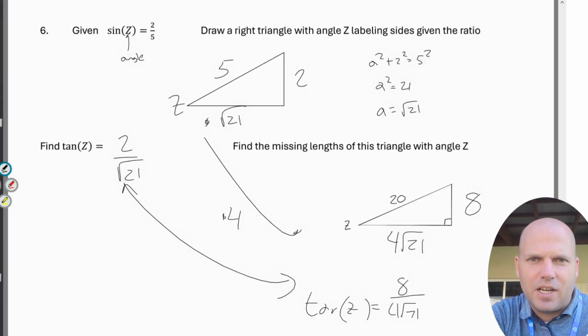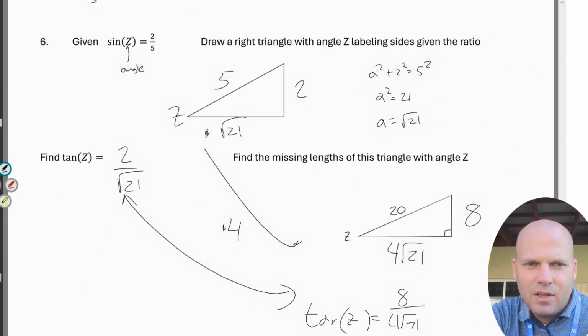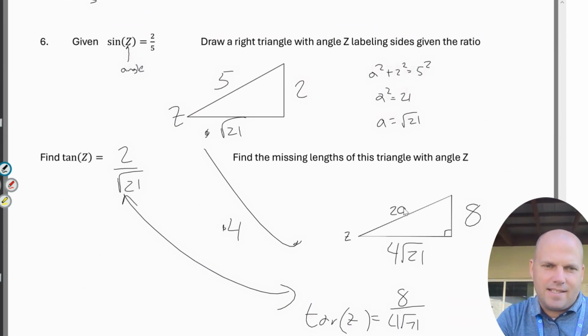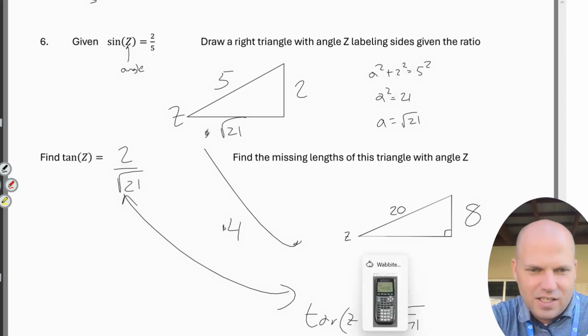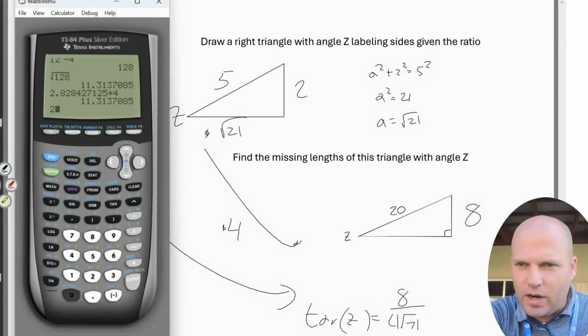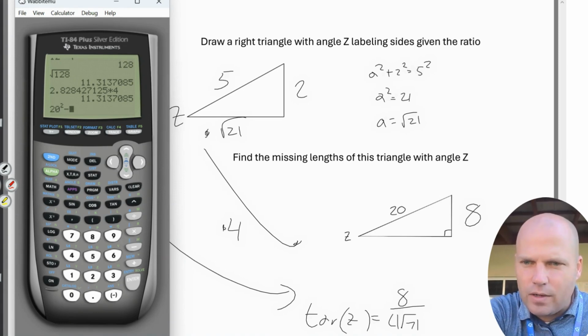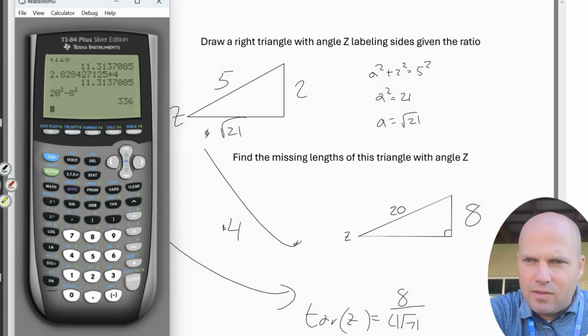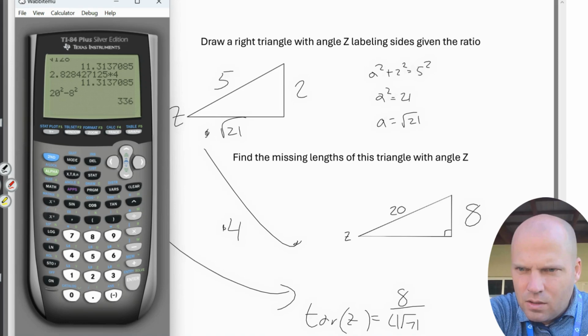And the same could have been done here. You could have used 20 and 8 and found this length, 20 squared minus 8 squared, and you got the square root of 336.